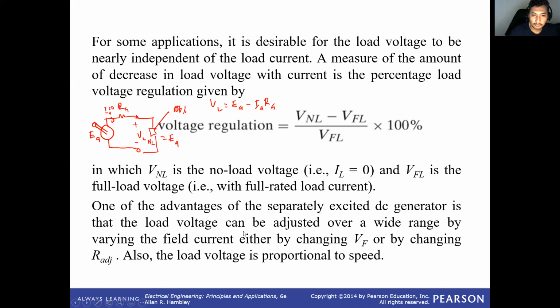This is the advantage of a separately excited DC generator, where the load voltage can be adjusted over a wide range by varying the field current, either by changing VF or by changing R adjust. Also, the load voltage is proportional to the speed.